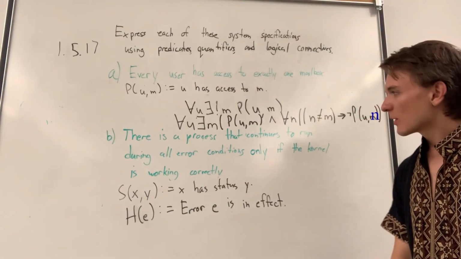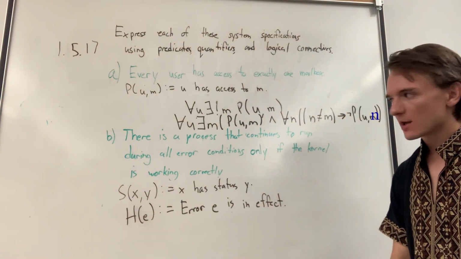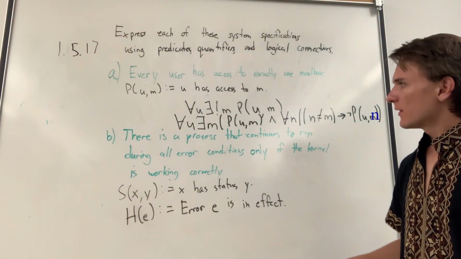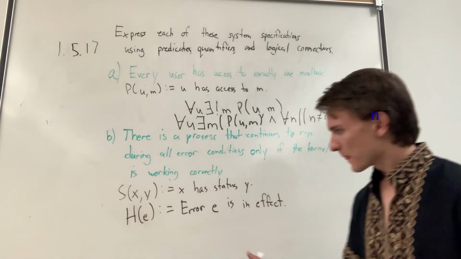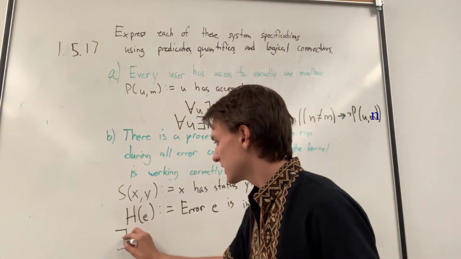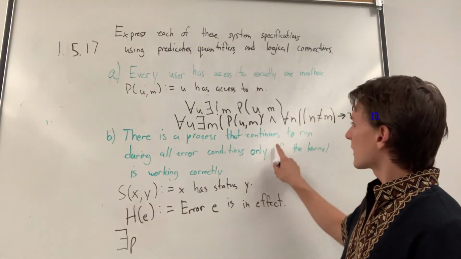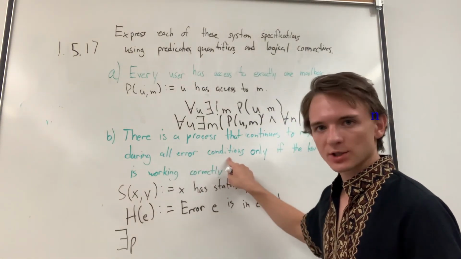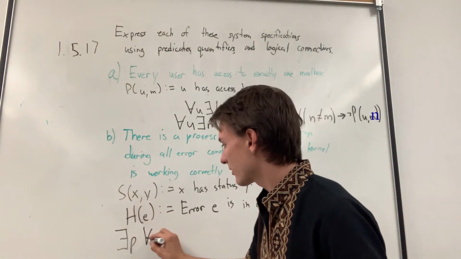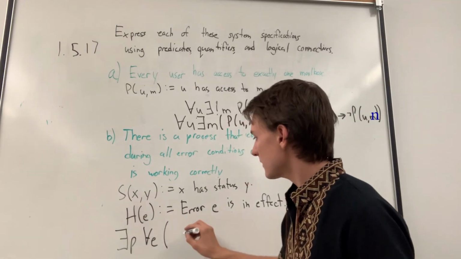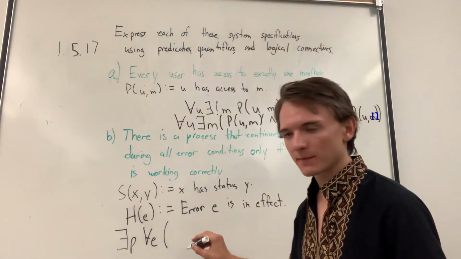But let's represent this in mathematical notation now. There is a process, so there exists a process that continues to run during all error conditions. So for all error conditions, we have an implication.